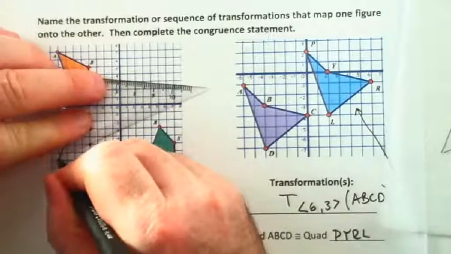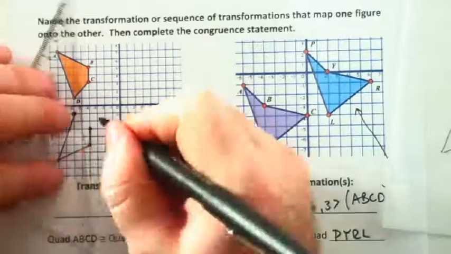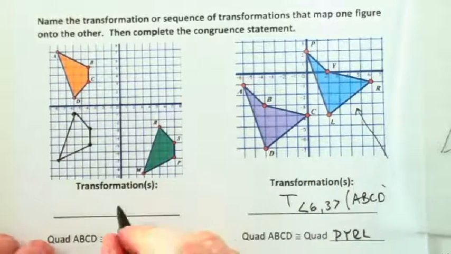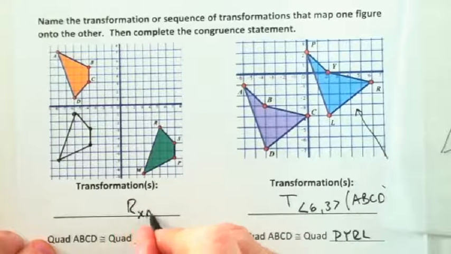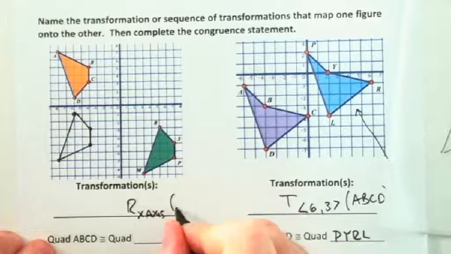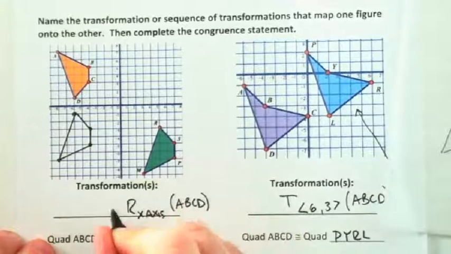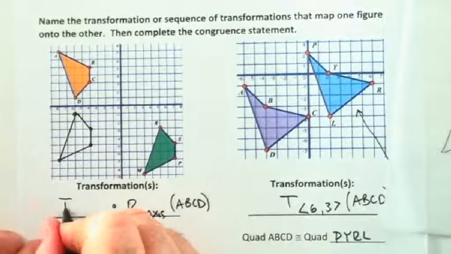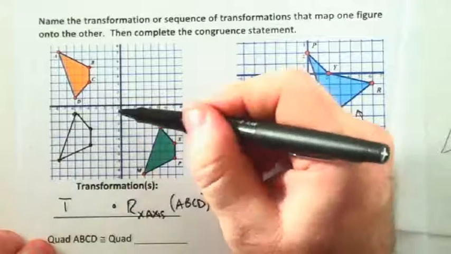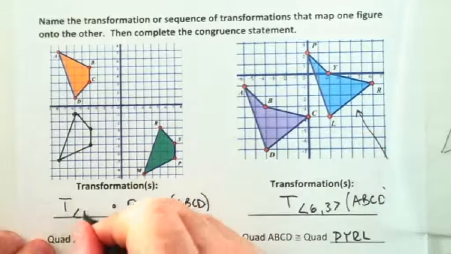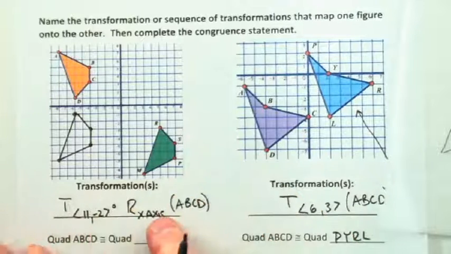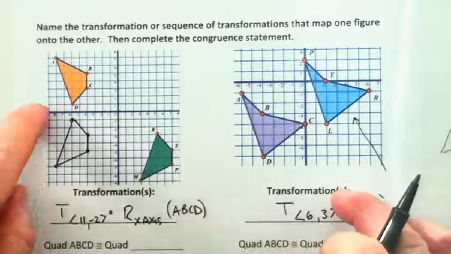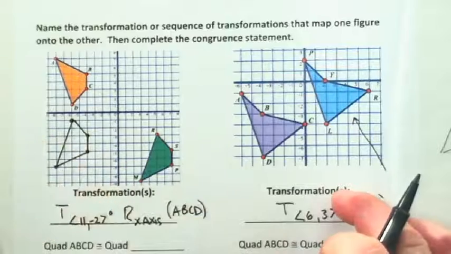So I'm going to reflect in the x-axis our shape ABCD, and then I'm going to translate it over 6, 11, comma, -2. Notice again the order I wrote it in. I'm doing the reflection first and then the translation.